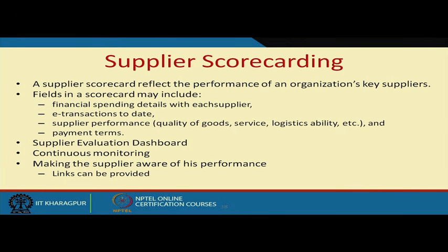Okay. So the typical fields in a scorecard may include the financial and spending details with each supplier, e-transactions to date, supplier performance, that is quality of goods, service, logistics ability, etc., and the payment terms.